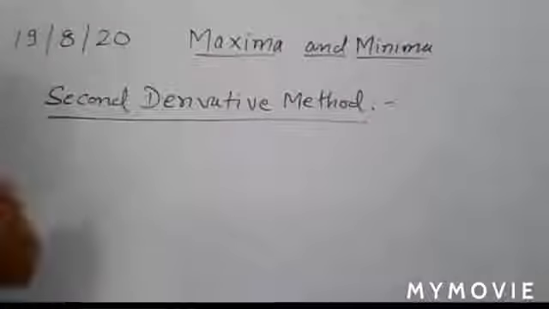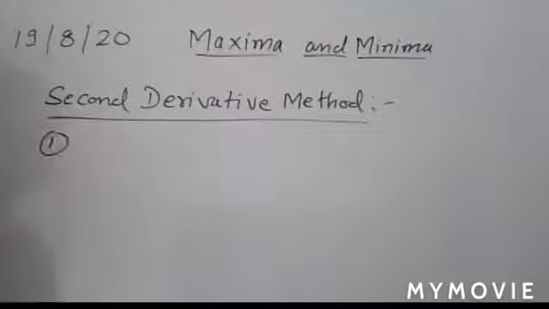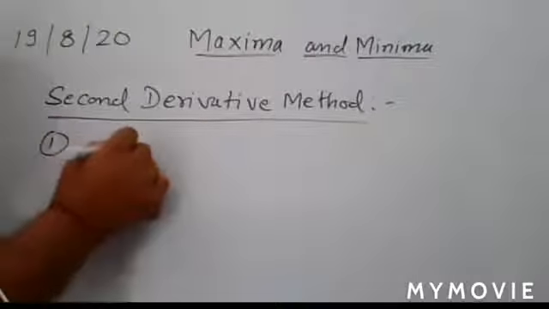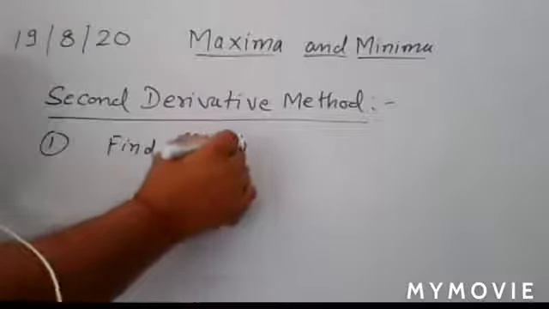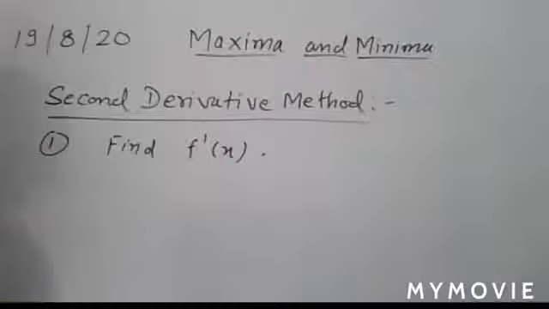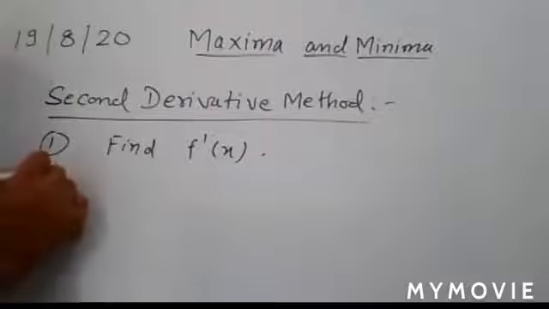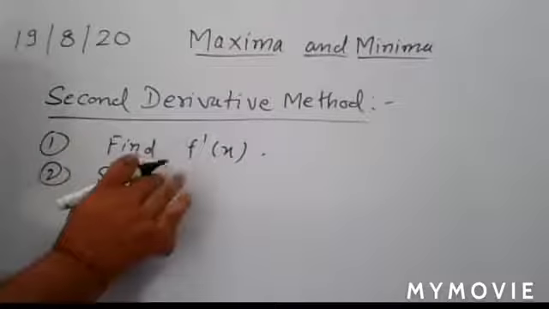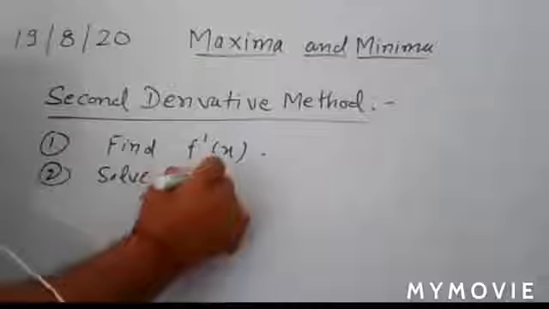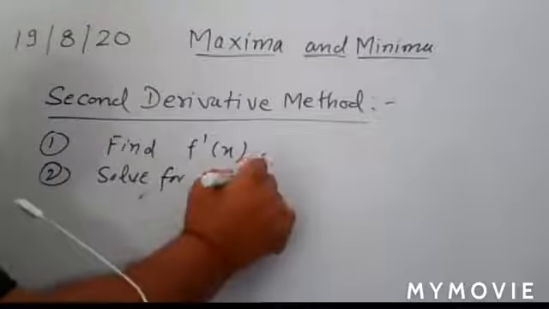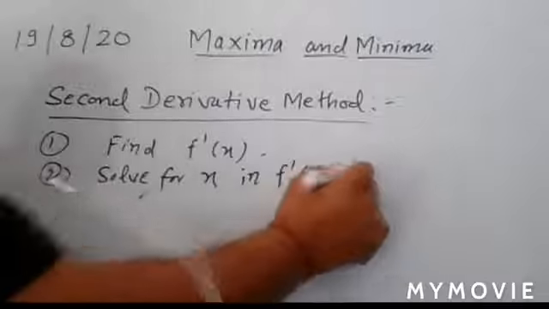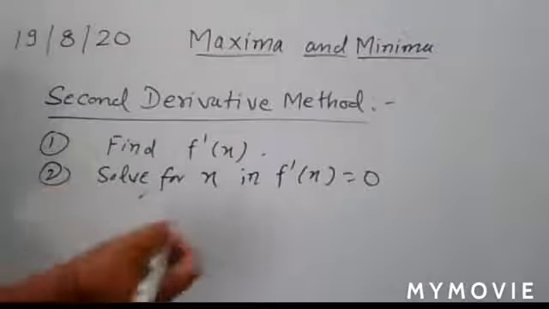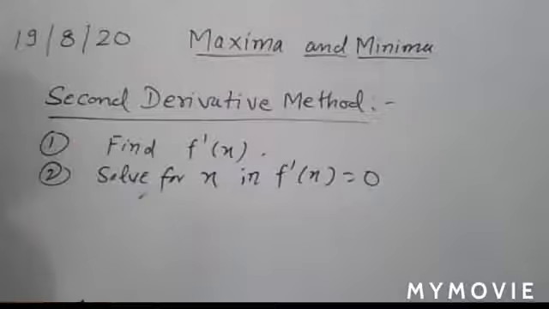In the second derivative method, first of all, you find f dash x, means you find the derivative of the given function. In the second step, solve for x in f dash x is equal to 0, and find all possible values of x.